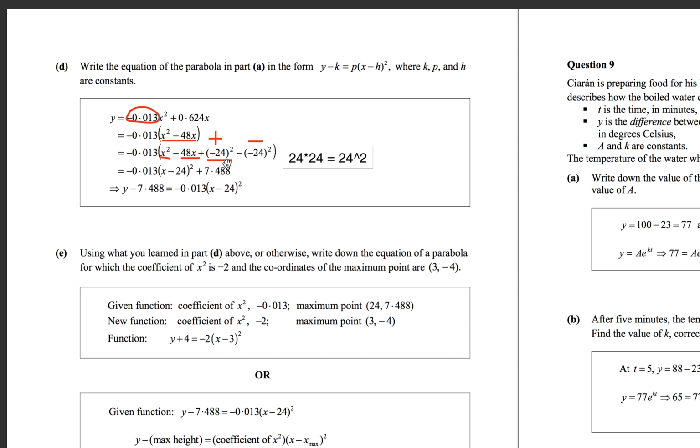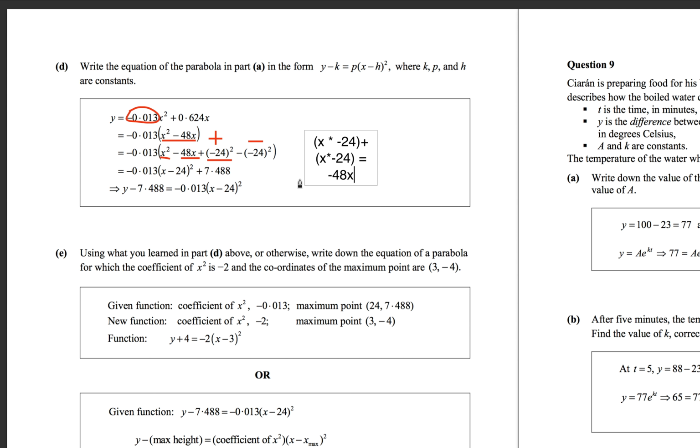And also, the way we choose the sign here is that x times negative 24, plus x times negative 24 is going to be equal to negative 48x. So that's what we want.